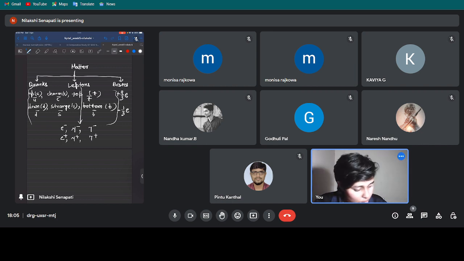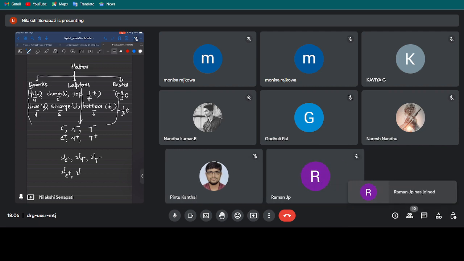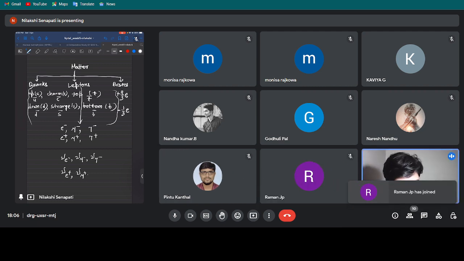Again we have neutrinos, and neutrino falls into the category of leptons. So neutrino comes as electron neutrino, muon neutrino, tau neutrino, and their antiparticles. So these are all leptons.